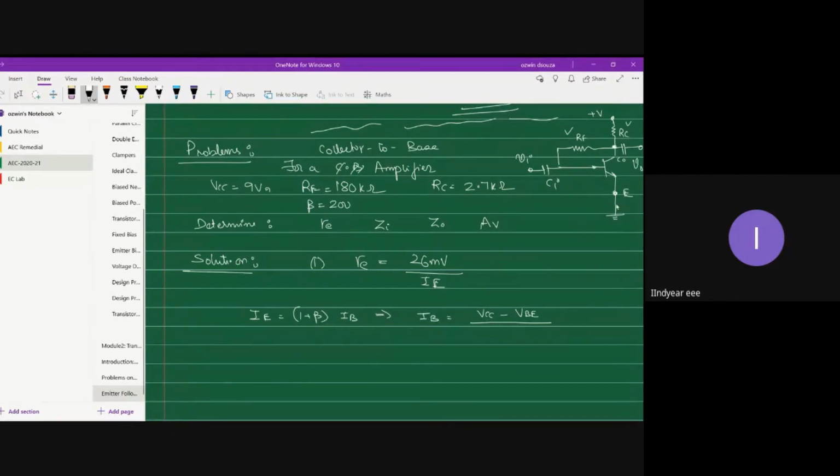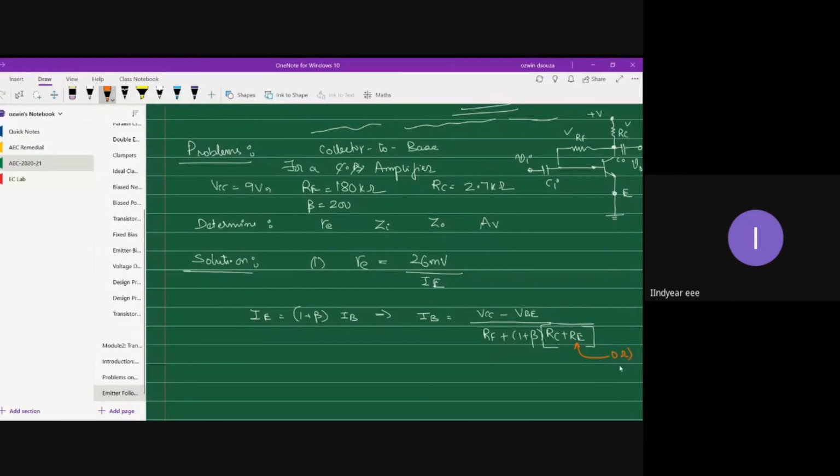So find out IE. Since there is no emitter resistance, IB is going to be VCC minus VBE divided by RF plus 1 plus beta times RC. If RE was present, you would have had within the parenthesis RC plus RE. This is our usual expression, but RE is not present, so the emitter is directly held at ground potential.